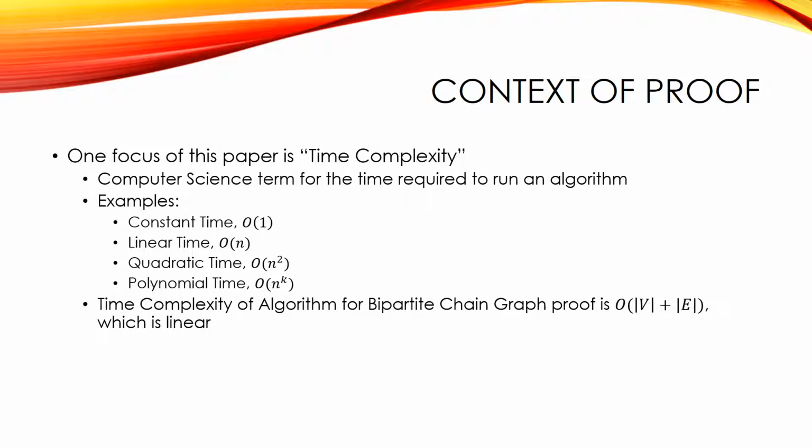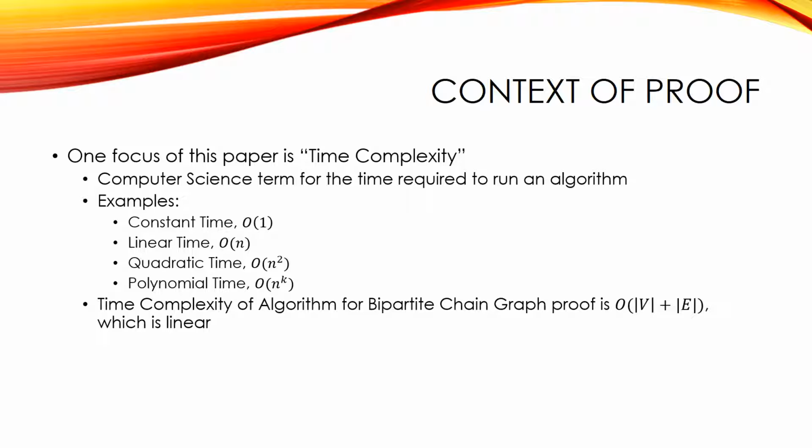So in this particular case, for a bipartite chain graph, the time complexity of the algorithm for computing the chromatic sum is O of the size of the vertex set plus the size of the edge set. And there's a proof for this given following the proof that we just looked at.